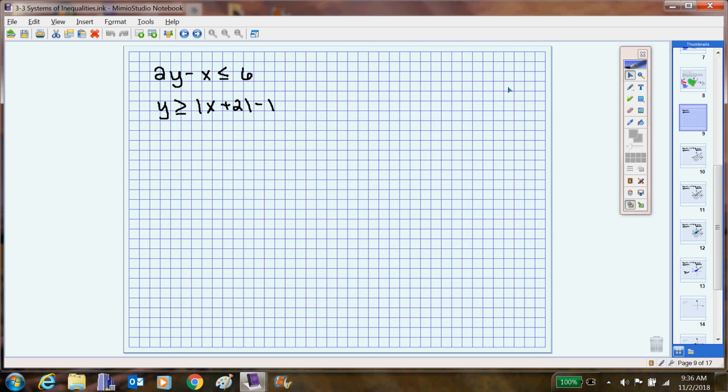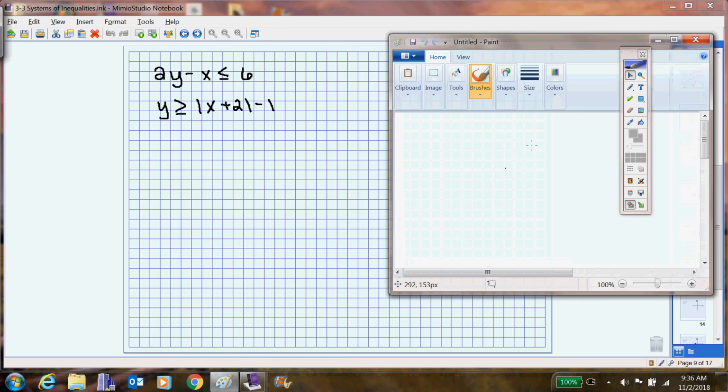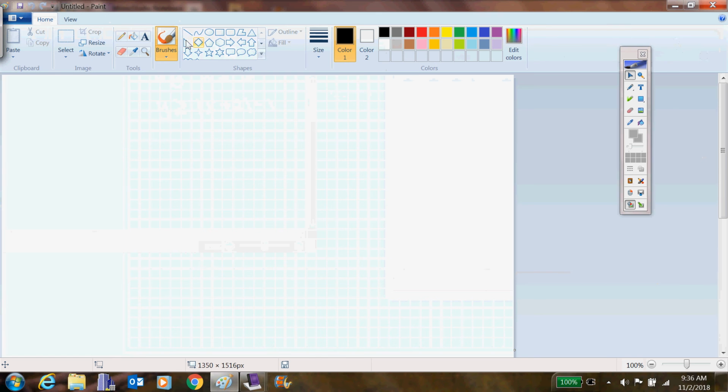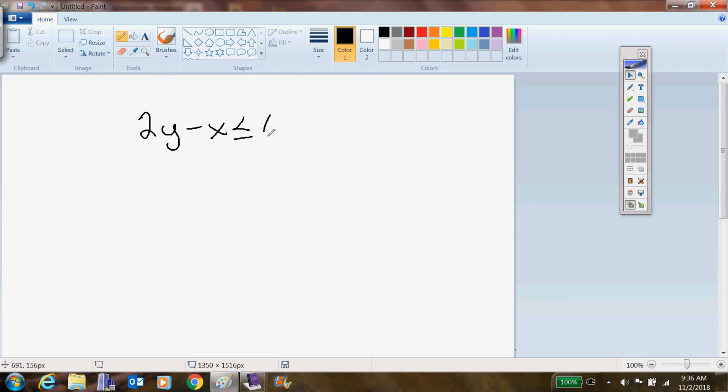So our step on that would be to take 2y minus x less than or equal to 6. We're trying to solve for y. What do we do to both sides? Divide by 2 later.